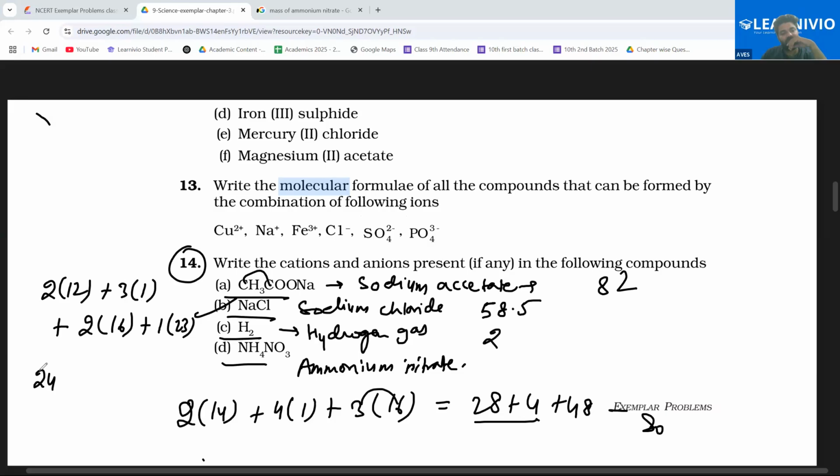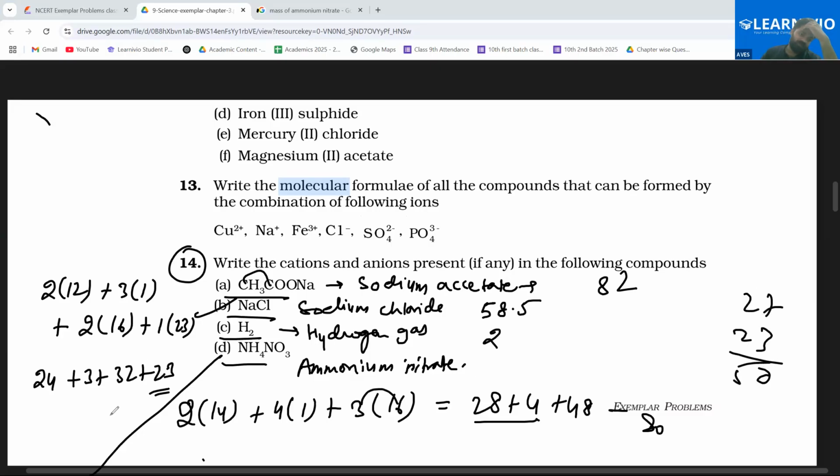So we get 24 plus 3 plus 32 plus 23. When you add all these, 24 plus 3 is 27, 27 and 32 is 59, and 23 gives you 82. 82 is the correct answer. Very good, proud of you.